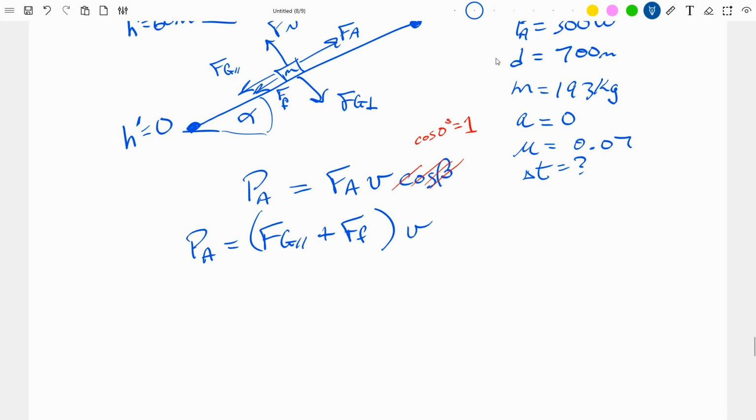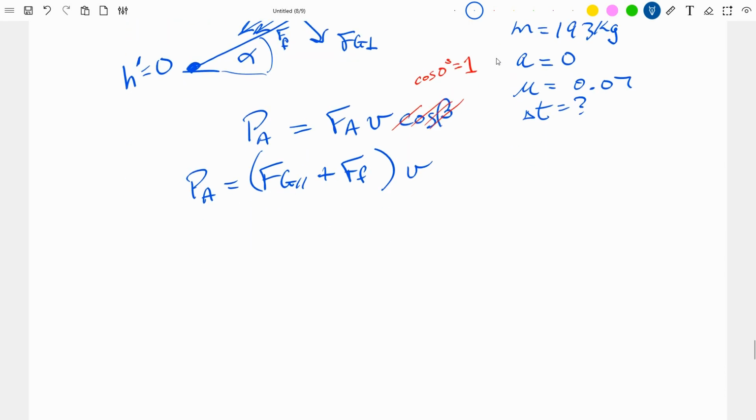Now we know the power applied. So power applied is equal to the force of gravity parallel, which will be familiar to us, mg sine of alpha, plus mu mg cos of alpha. Okay, so we've just got that taken care of.